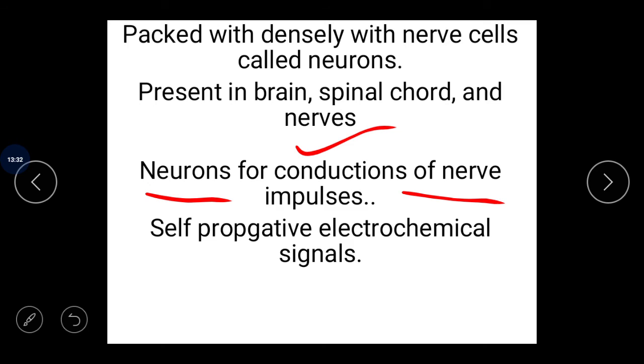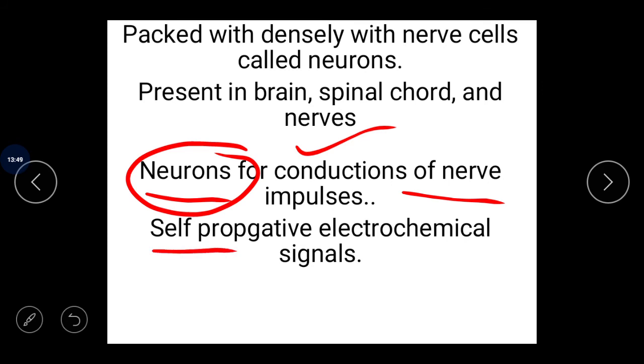With the muscle it forms a neuromuscular junction, or with the gland a neuroglandular junction, whatever it may be. But the function of the neuron is that it helps in the conduction of the nerve impulse.